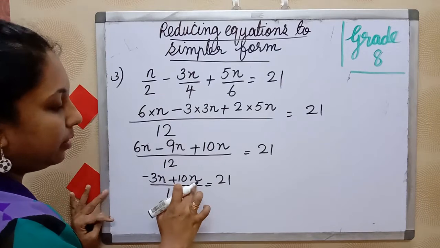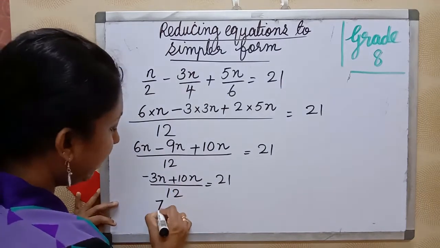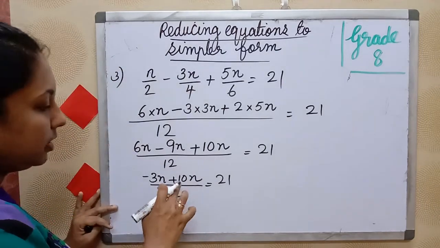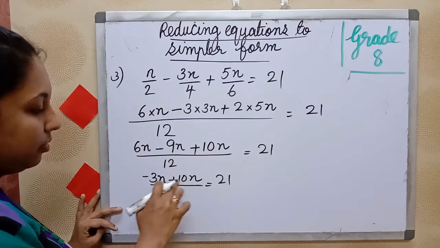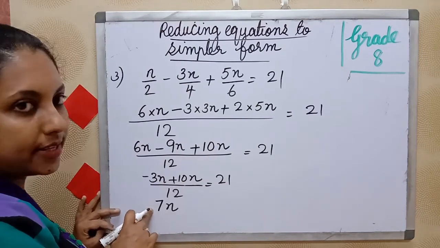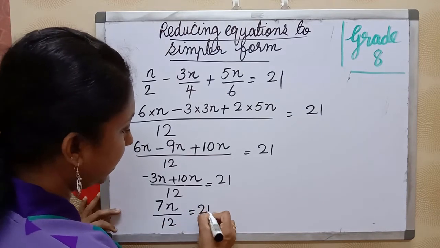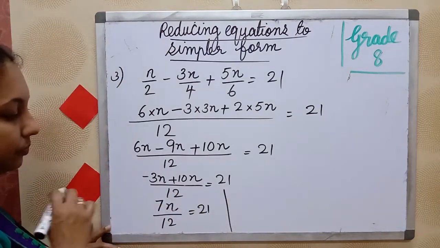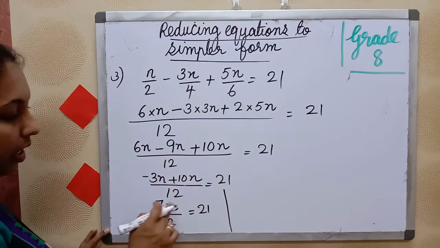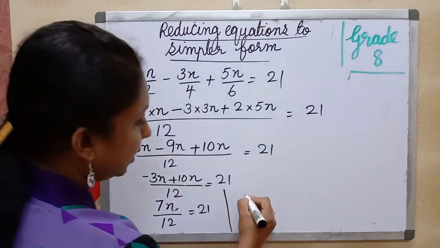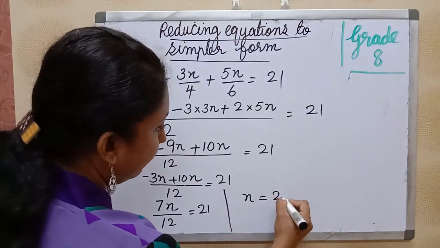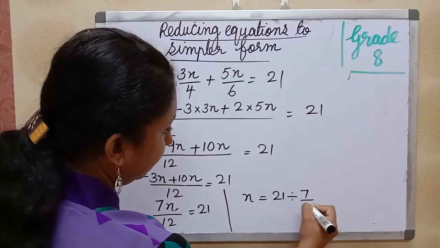Again, minus 3n plus 10n is 7n. 10 minus 3 is 7, the biggest number is 10, so plus 7n divided by 12 is equal to 21. Now n only we want. So 7 by 12 we have to divide.